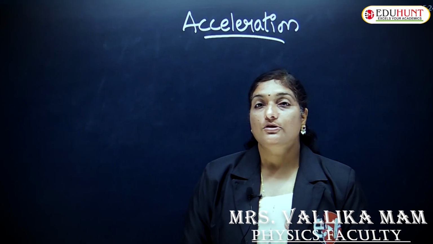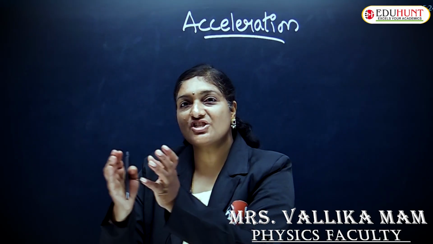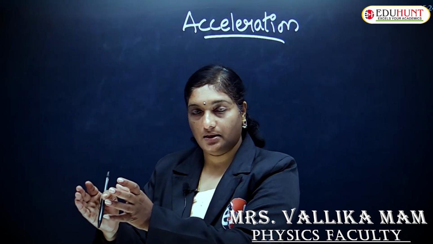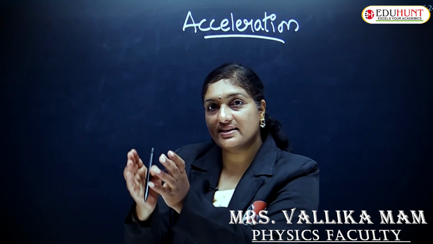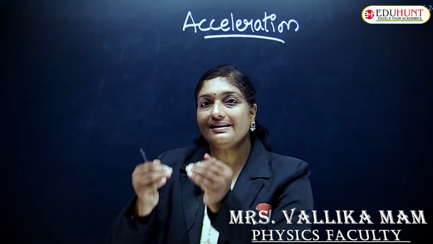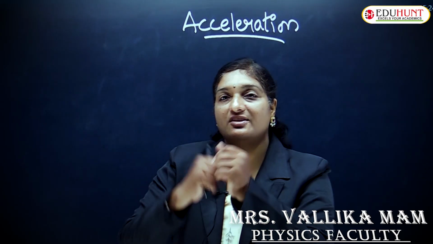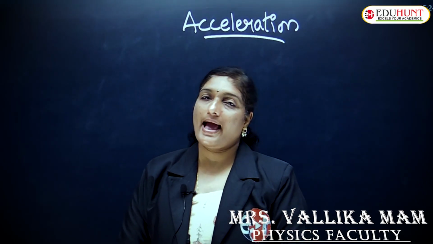Okay, children. So, the mathematical form of acceleration: the total change in velocity of a body to that of the total change in time, or total time taken to bring that change, is called acceleration.